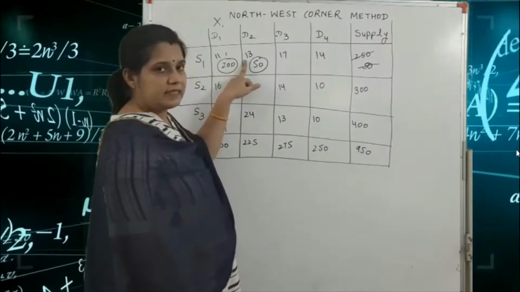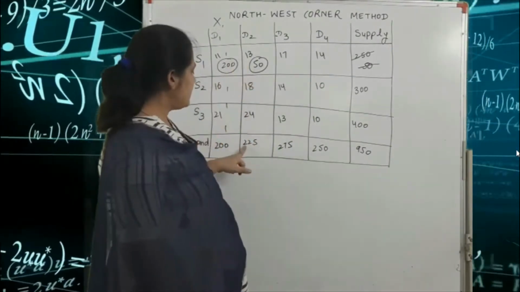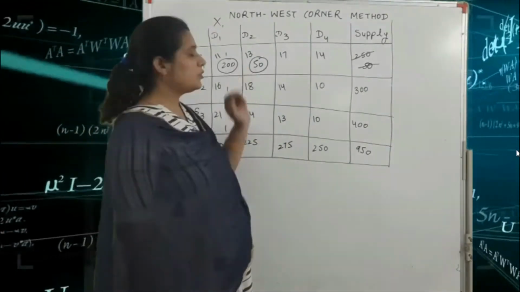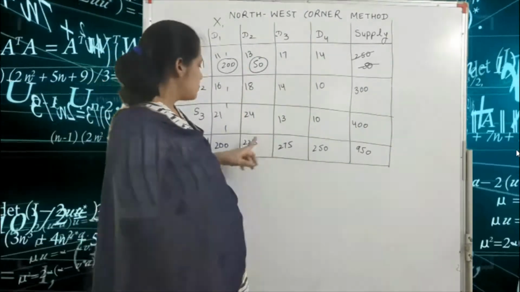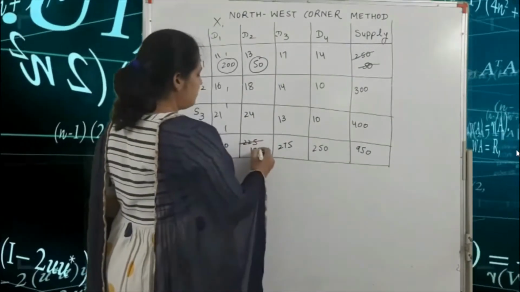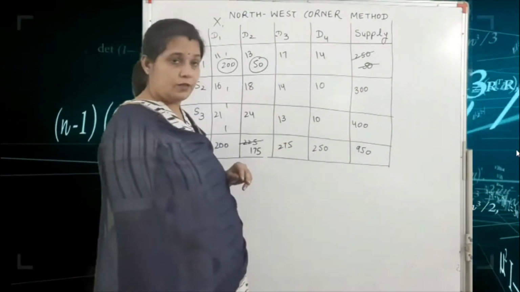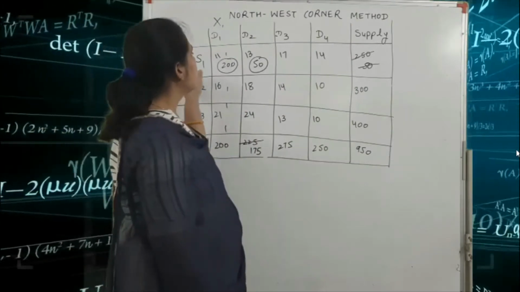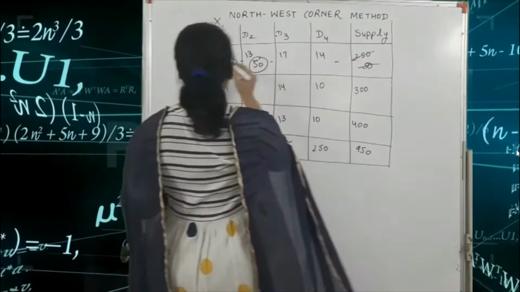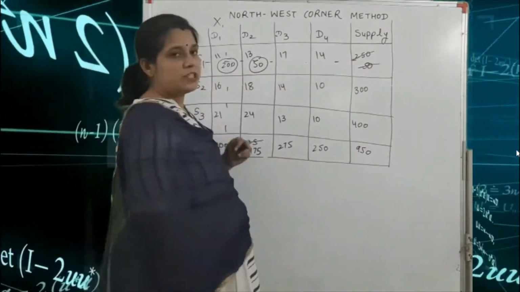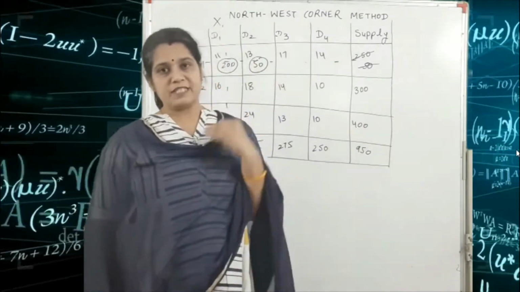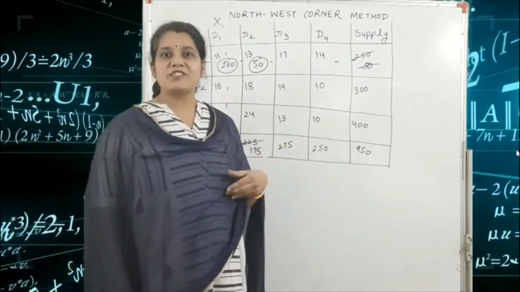Immediately you write here 225 as the total demand, and with the 50 allocated, 225 minus 50 is 175, the remaining demand. The first row is cancelled because 200 plus 50 is 250, and the total supply is 250, so the first row is satisfied.